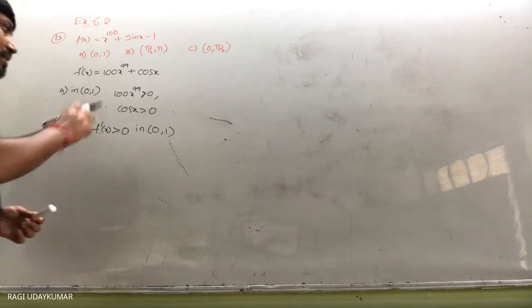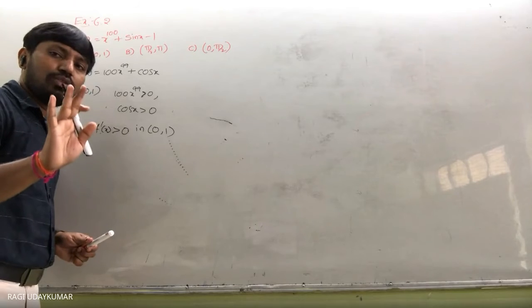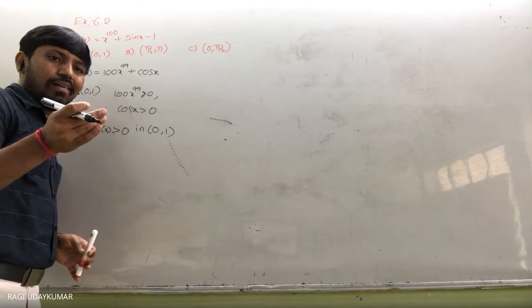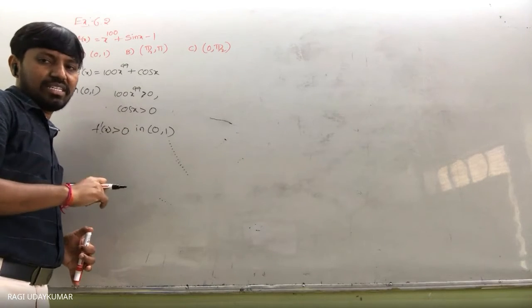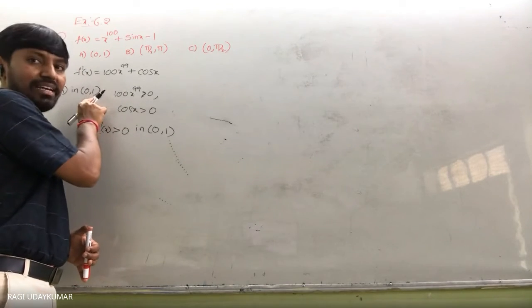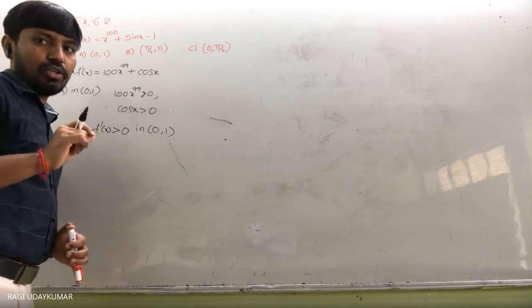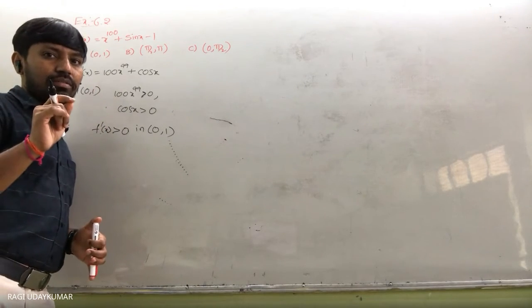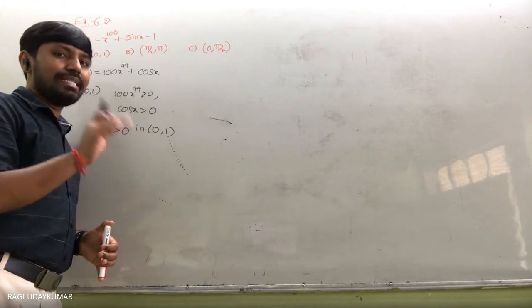Why? Because 0 to 1 is nothing but, try to remember, 0 to pi by 2 is the first quadrant. Pi by 2 is in radians. 0 to 1 is nothing but radians. So cos 0 value is 1. Cos pi by 2 value is 0.